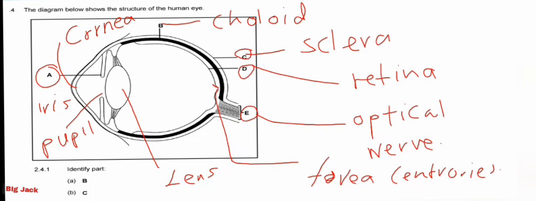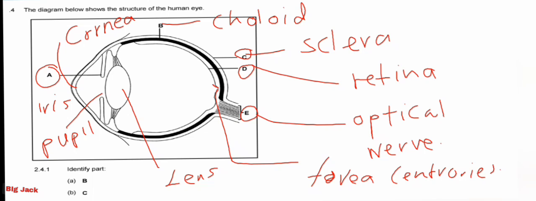Explain the effect on a person's vision if part E is cut. E is called the optic nerve. The optic nerve sends the visual impulse to the brain. So once part E, the optic nerve, is cut, it is going to fail to send the visual impulse to the brain.